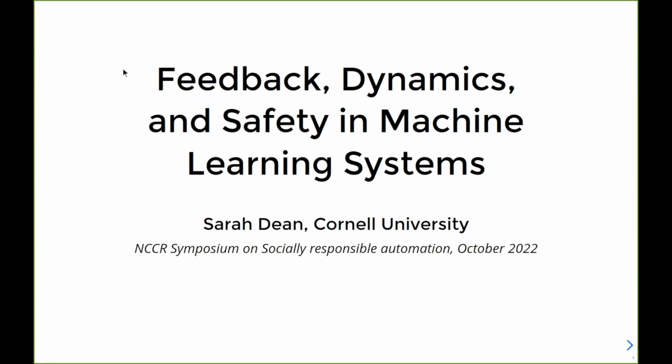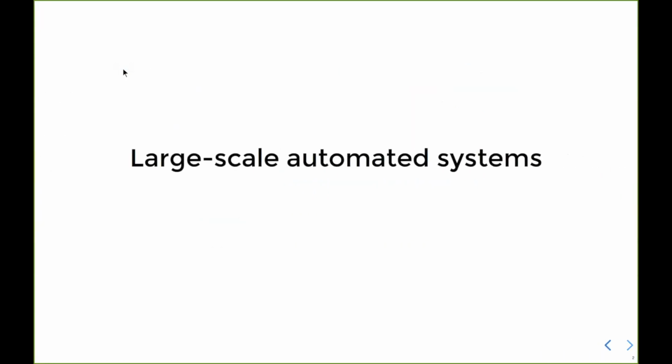So yeah, today I want to talk about something that I think motivates a lot of the people who are listening. Anyway, something that I think is relevant to all of us, like the general class of application domains that many of us care about, could be described as large-scale automated systems.